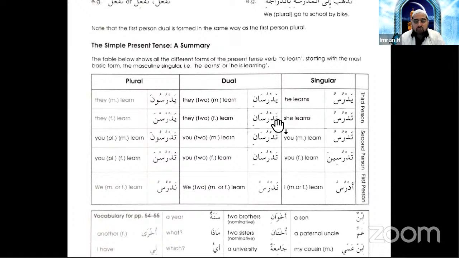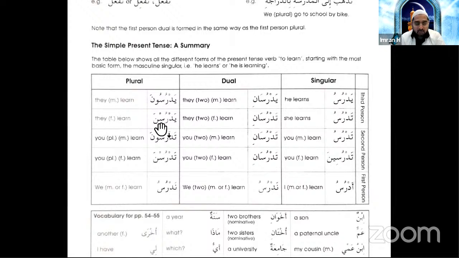Tadrusu to tadrusani: the ta is there, but the ending, the dual alif noon, is here with a kasra. The main difference is the ta and the ya. So tadrusu, she learns; tadrusani, they two learn; and they all females learn is tadrusna.